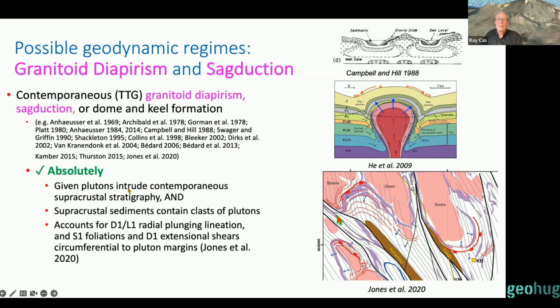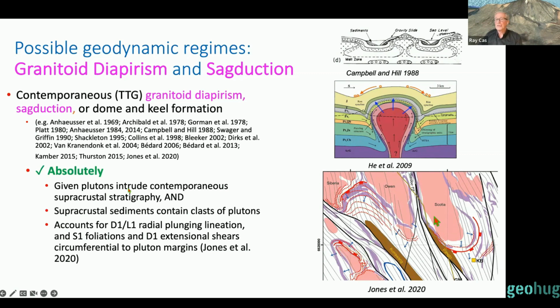In addition, there are concentric foliations. These dotted traces here represent pluton margin concentric foliations, which dip away from the margins of the plutons. And in addition, there are lineations shown here by these arrows, which radiate orthogonally away from the margins of these plutons.